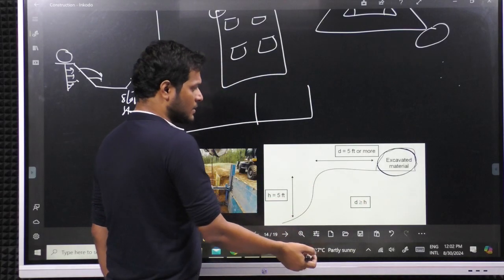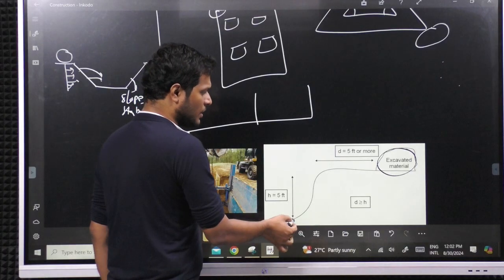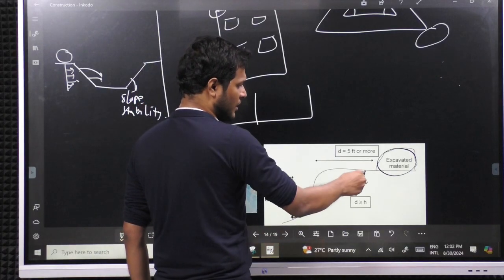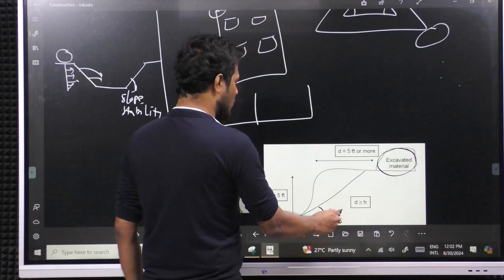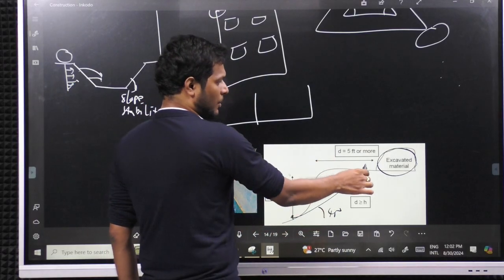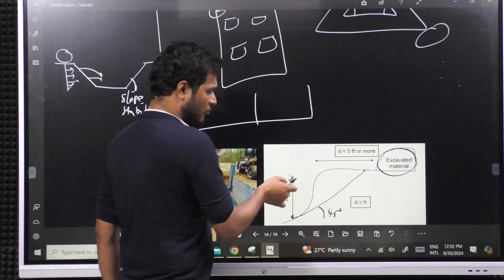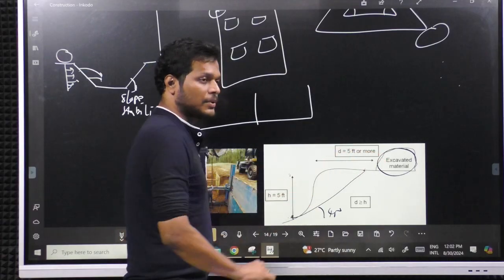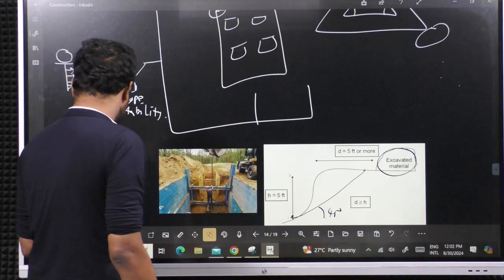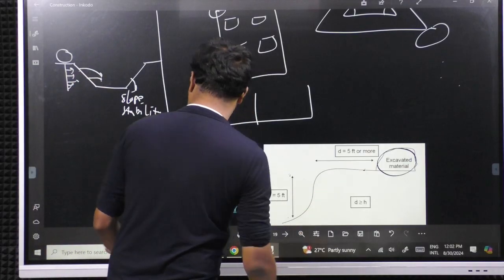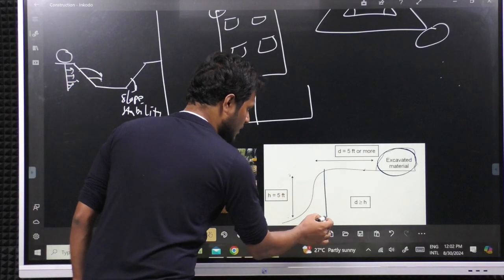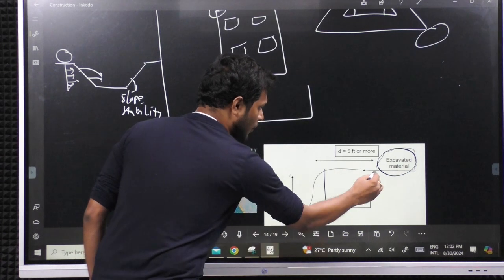The convention we generally follow is to create an angle of around 45 degrees, so that whatever height we have, the same distance we will have away. So if you have 5 feet depth, place it at least 5 feet away. Till here we have the excavation, and from here we take a 45 degree slope.